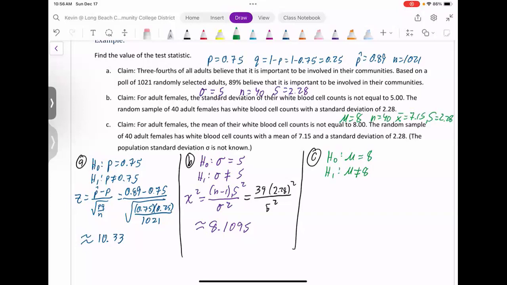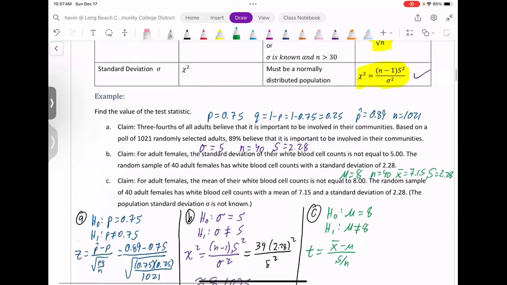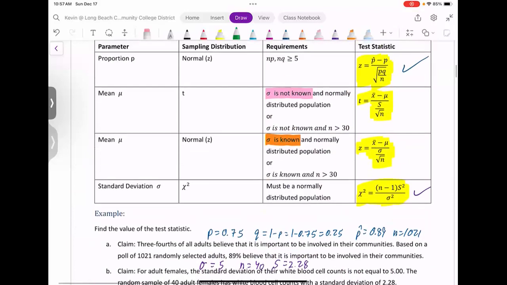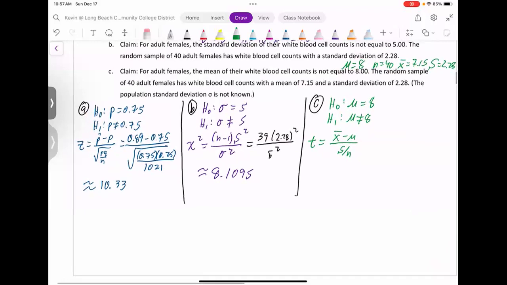All right, so now, by the way, we do not know any information about the population standard deviation, so this is going to be a t distribution. Here's our formula. Once again, that is from here. And here we go.